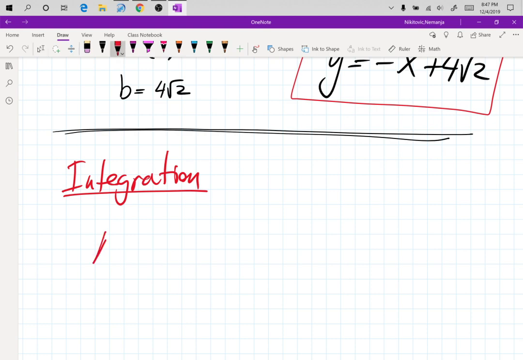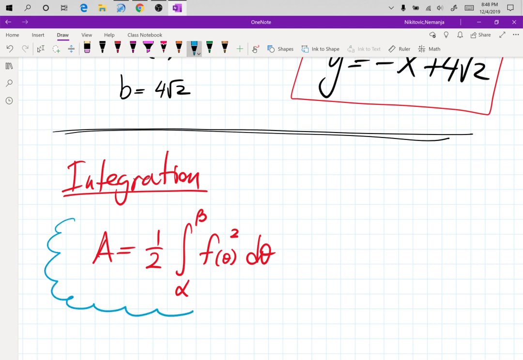To find area, you have 1/2 integral from alpha to beta of f of theta squared d theta. This is the integral formula that will compute area inside.